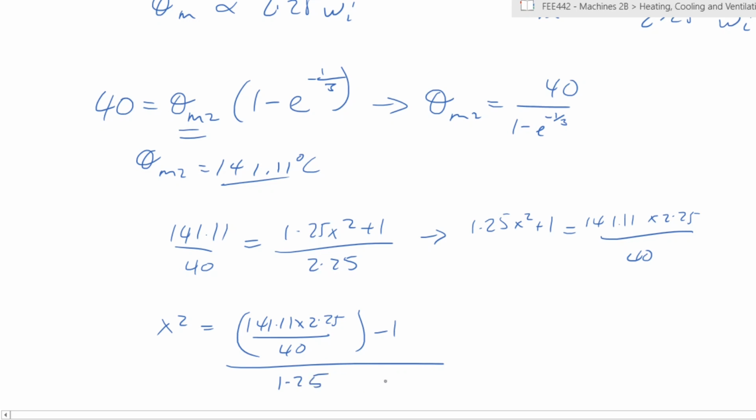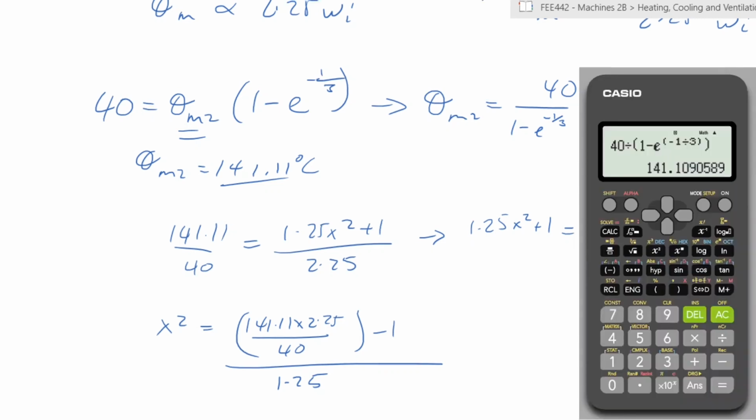So let's bring back our calculator. So this is 141.11 times 2.25 divided by 40 minus 1 divided by 1.25.